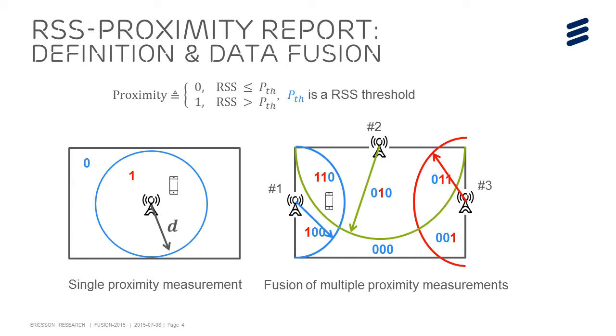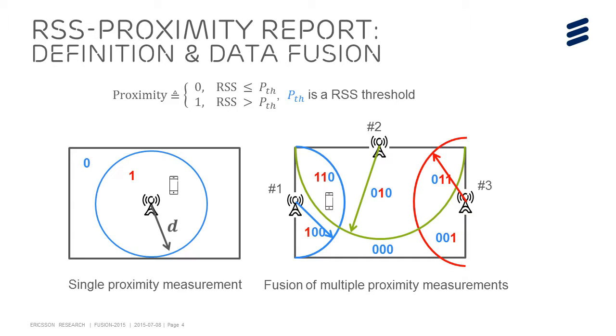But algorithms using RSS measurements can only provide coarse localization accuracy due to the fast and slow fading error in the RSS measurements. A binary proximity report can be obtained simply by comparing an RSS measurement with a pre-selected threshold, here denoted as P_TH. The value of a proximity report indicates whether or not a target is in the coverage area of a reference BLE beacon.